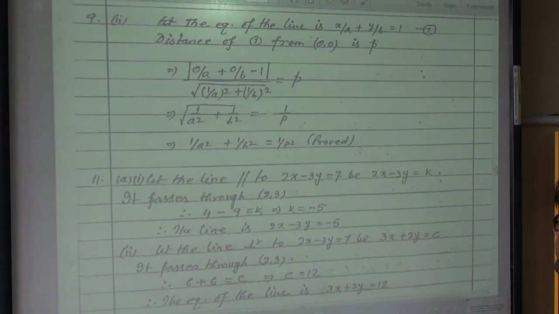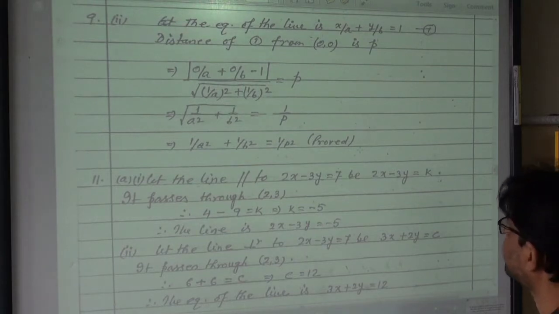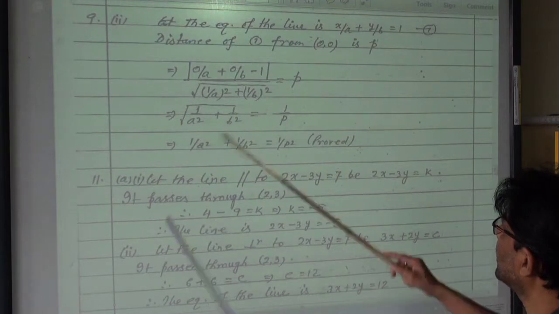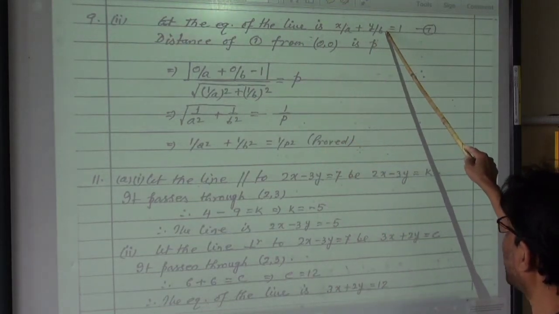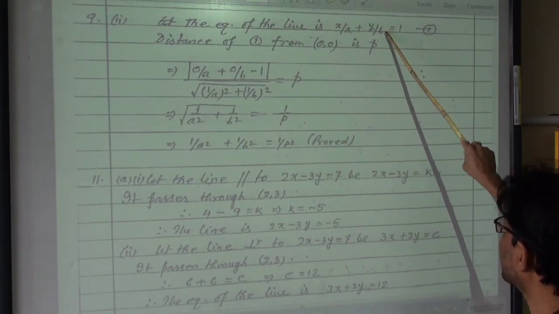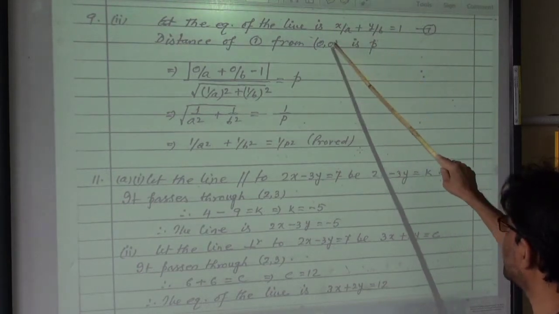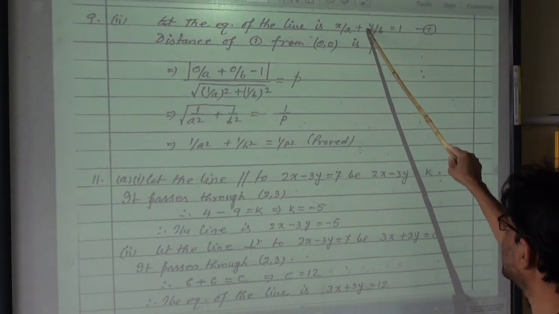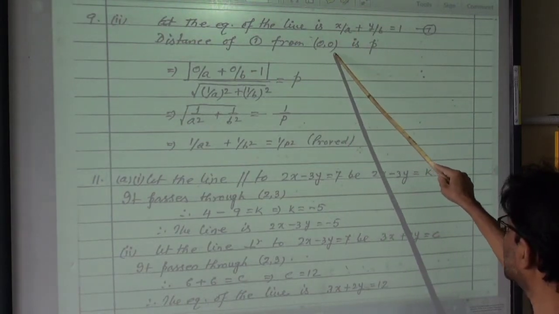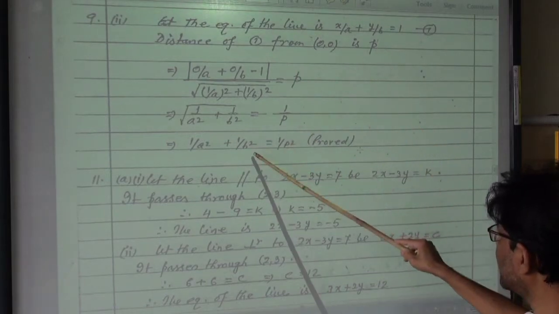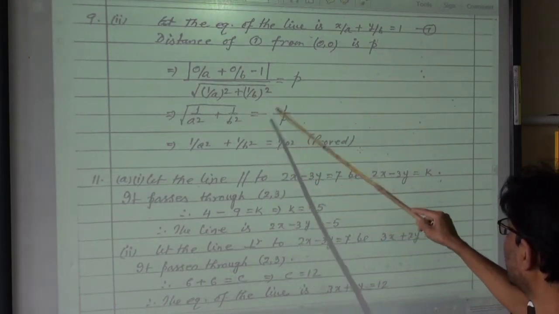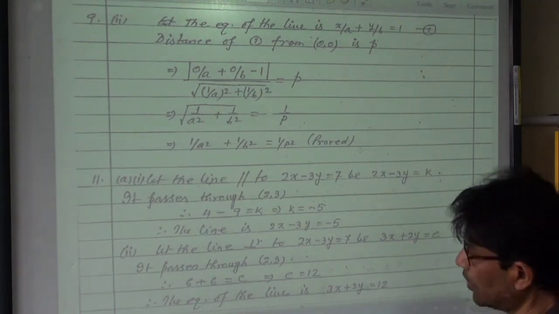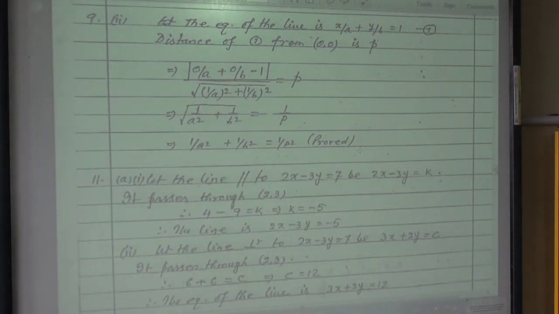In this question it is given the line whose distance from origin is P. You have to prove this. Distance of this point from this line you have to find out. Distance of a point from a line.